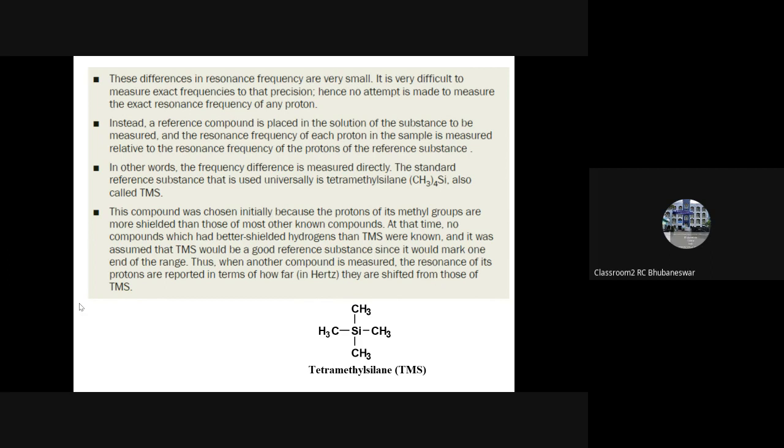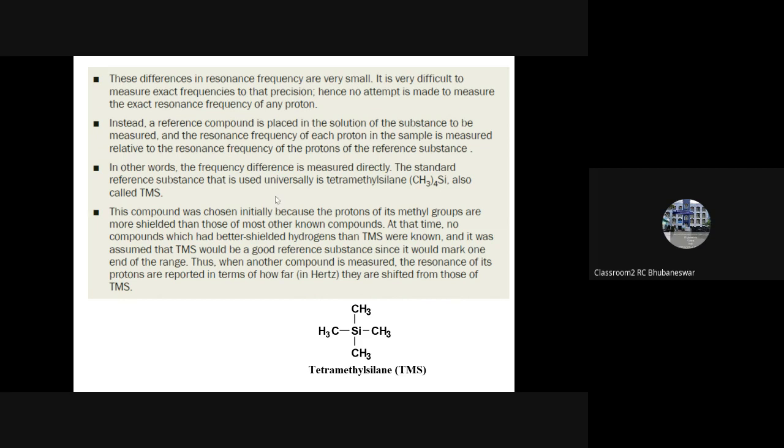the best reference is TMS, tetramethylsilane. The differences in resonance frequencies are very small, and it is very difficult to measure exact frequencies to that precision. Hence, no attempt is made to measure the exact resonance frequency of any atom. Instead, a reference compound is placed in a solution of the substance to be measured, and here the reference is TMS.